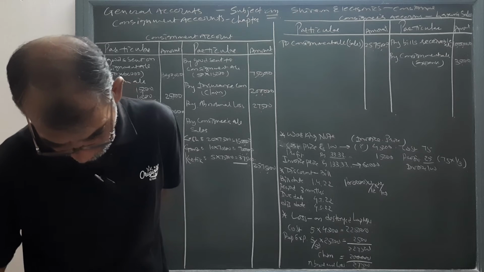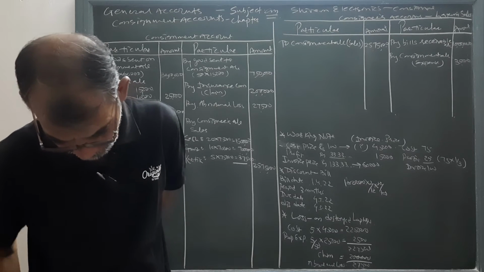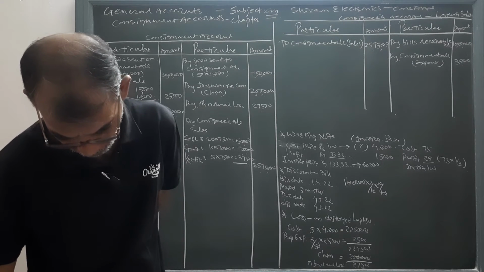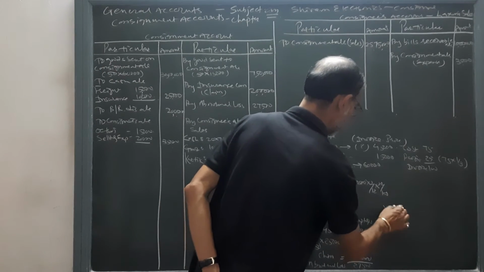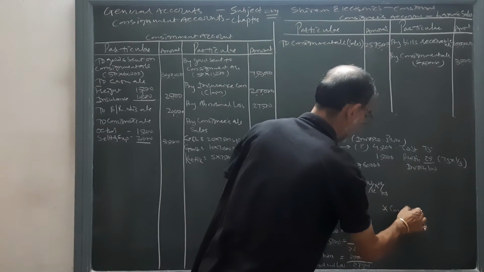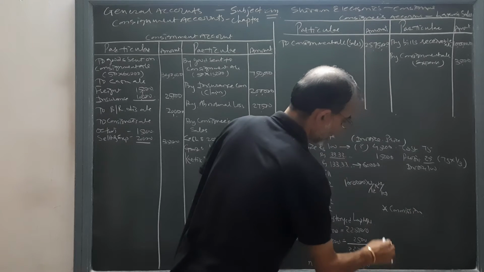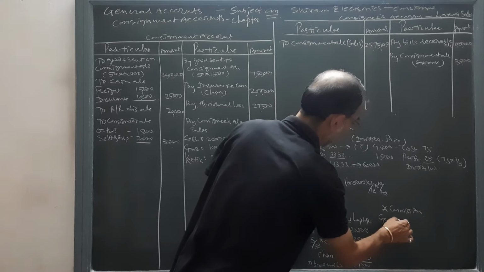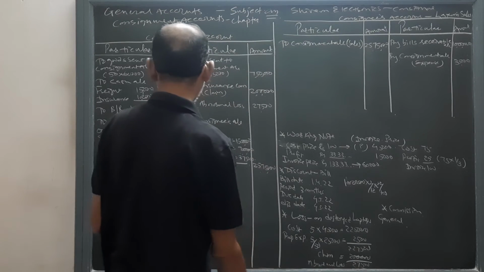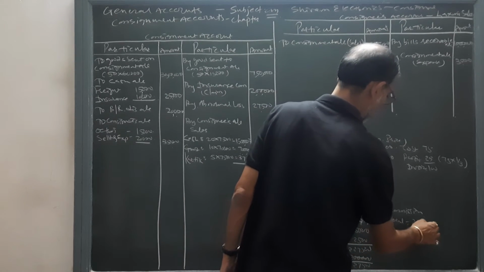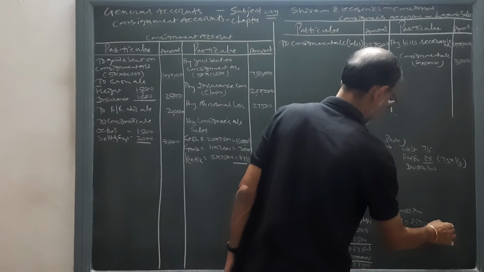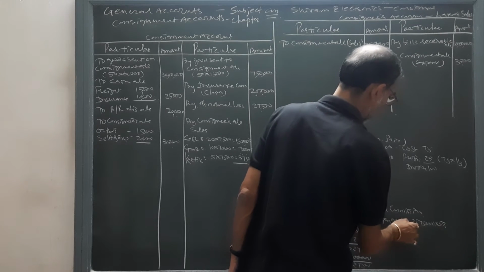He is to be given 5% general commission and 3% Del Creditor Commission. So commission general will be calculated on 25,75,000 at 5%.